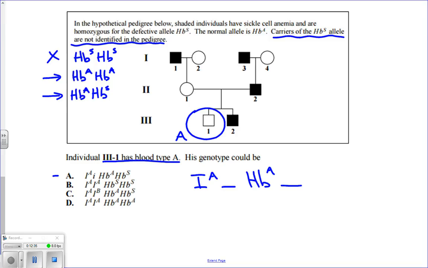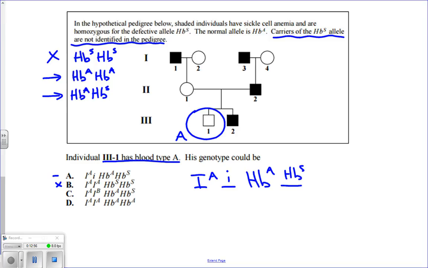So take a look at A. A fits that pattern because there could be a little i here, there could be an HBS here. B does not fit that pattern, because that individual would have sickle cell anemia.